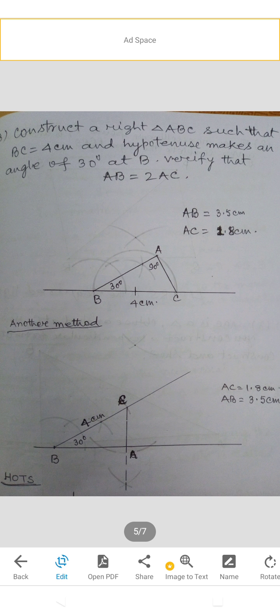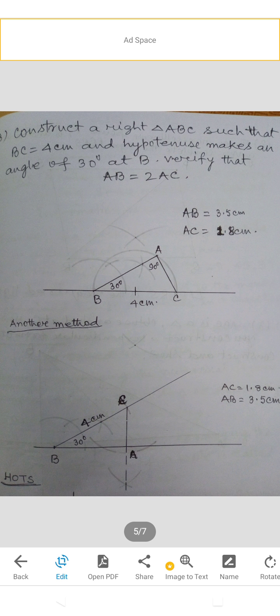Then with O as a center and OB as a radius, draw a semicircle BAC. Draw angle CBA equal to 30 degrees with the help of compass and ruler.